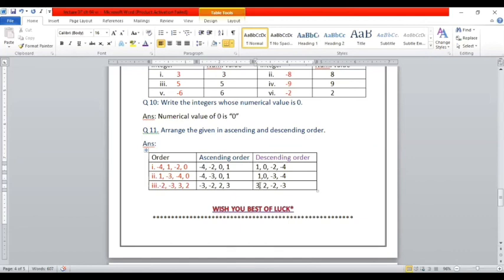This is the largest value from the given numbers, and this is the smallest. Here the start value is the big and the end value is the small. Similarly, in ascending order, the start value is the smallest and the end value is the big one.